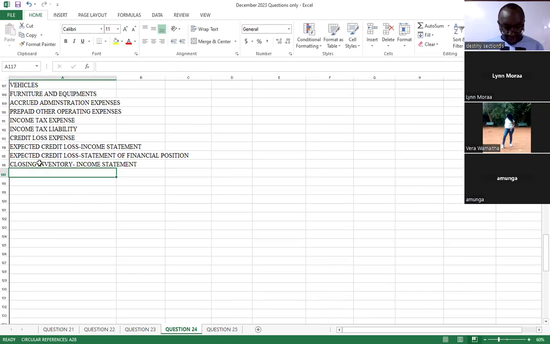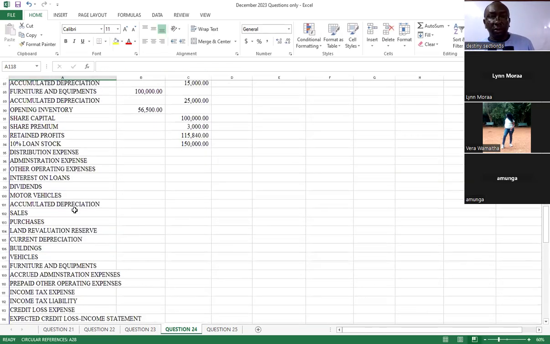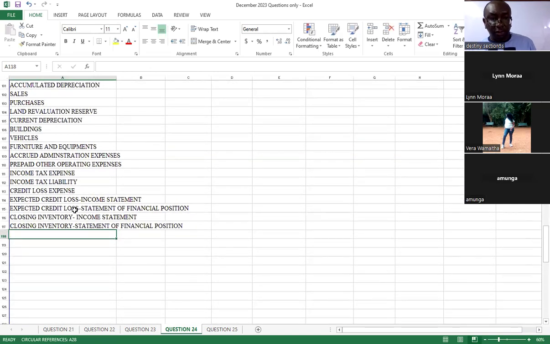And then we have the closing inventory that will go to statement of financial position. That will go to statement of financial position.